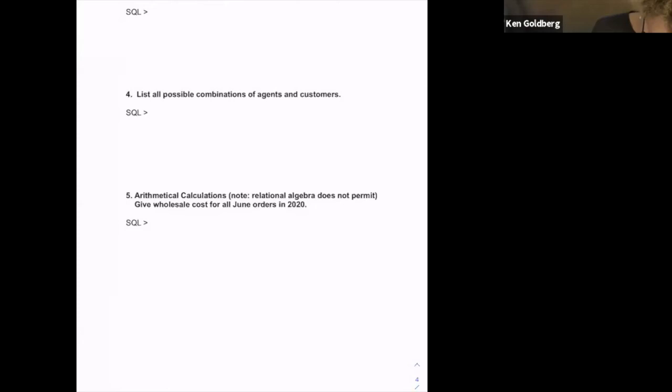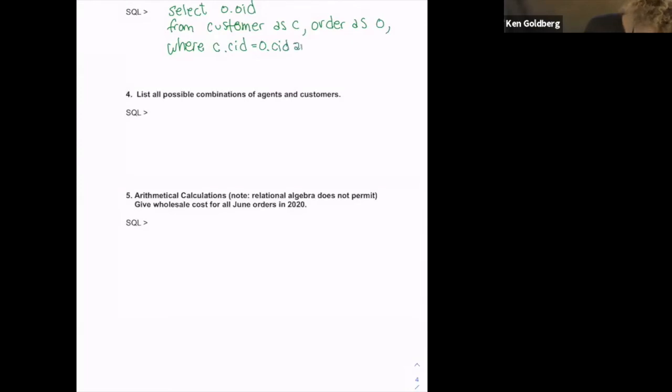The way we do this is we select O.OID from customer as C, order as O, where C.CID equals O.CID and C.city equals New Orleans.